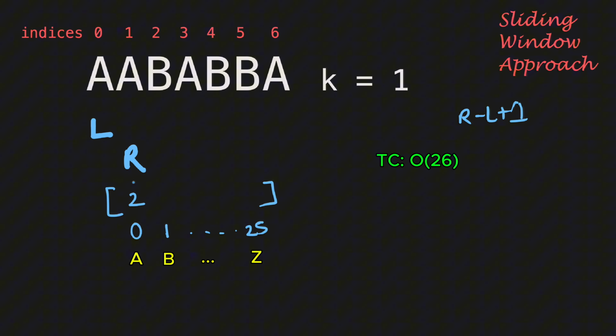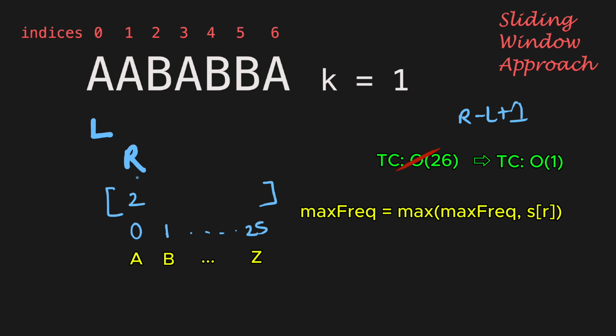But a slight optimization is that when we are expanding at right, the only character that was recently added was A, so the frequency will only change for this character A. The rest of the frequencies will stay as is. So we can easily calculate the maximum frequency by taking the maximum of the current maximum frequency and the frequency of this character just added at right. Hence, we can save some time with this optimization.